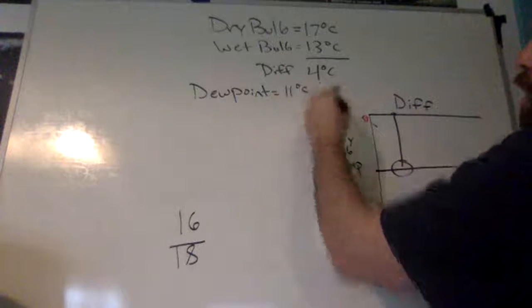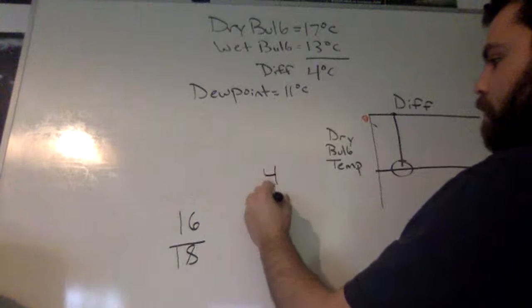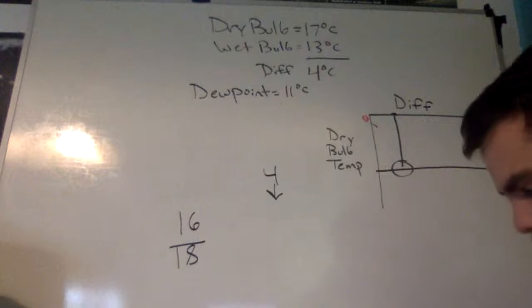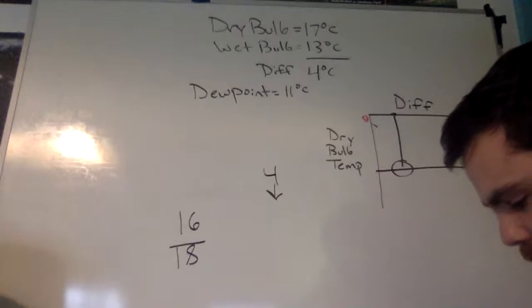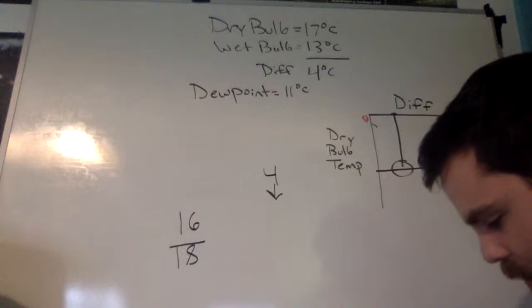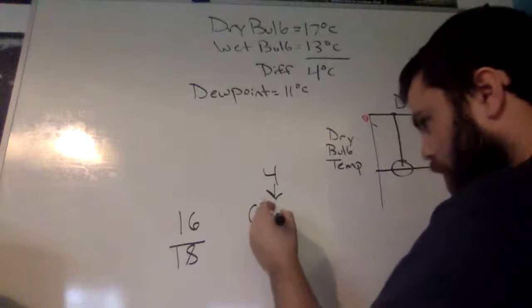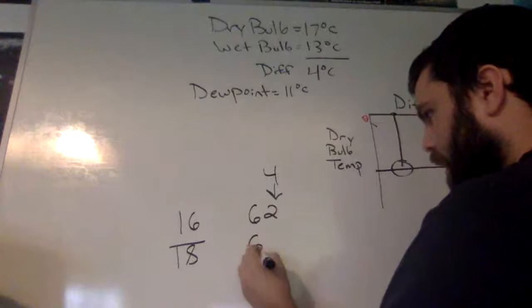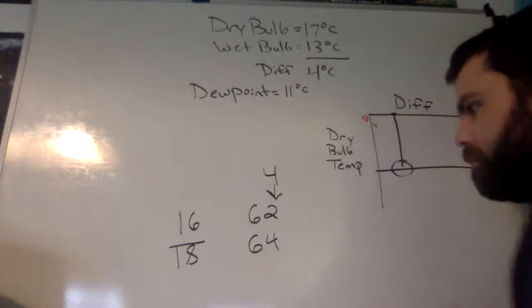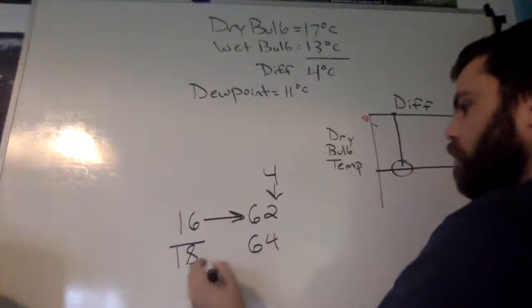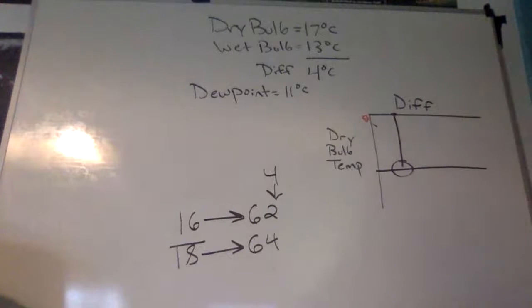We still know our difference is 4, okay? We follow it down, but now we just have different numbers that show up. If I go to 16 and 18, at the difference of 4, I get 62 and 64, okay? So 16 at the difference of 4, and then 18 at the difference of 4.